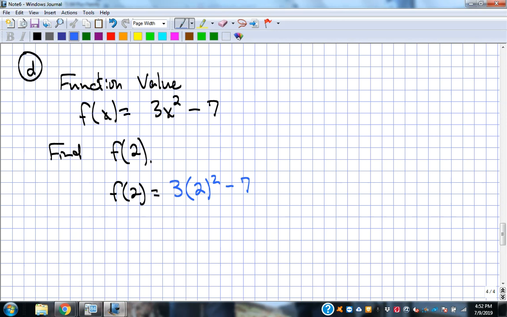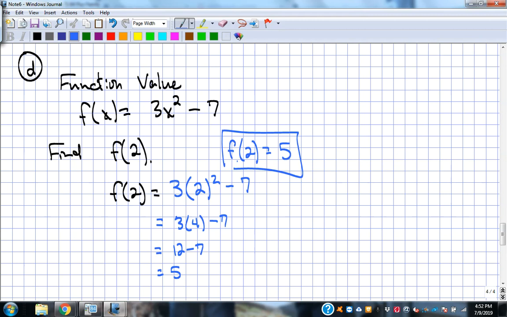We didn't have to look for anything else. So we just worked that out, and we got 3 times 2 squared. Order of operations says you got to square 2 first, which is 4. 4 times 3, and then subtract 7. So that'd be 12 minus 7, which is 5. So we would get f of 2 is equal to 5. That was our final answer when we did function value out of that.